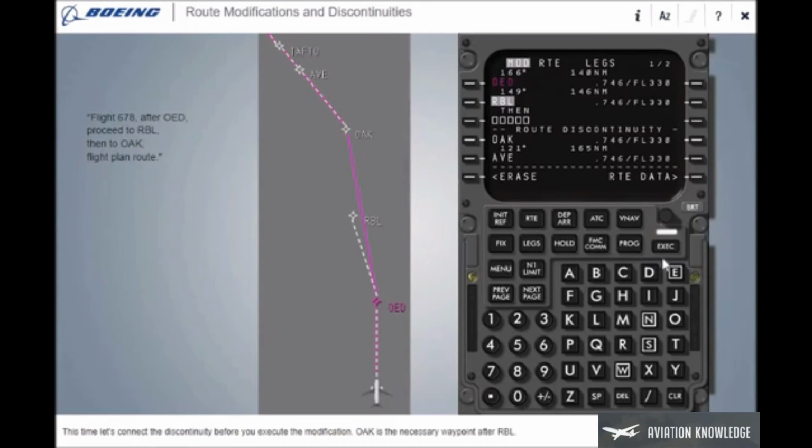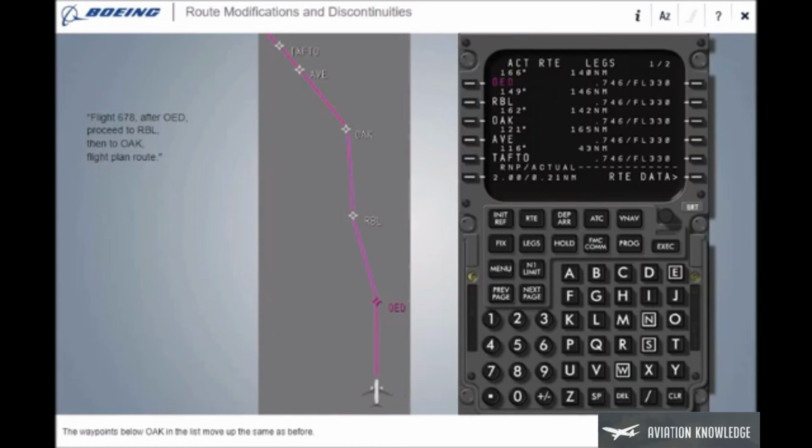This time, let's connect the discontinuity before you execute the modification. Oakland is the necessary waypoint after Red Bluff. The modified route is now the same as your clearance. Execute the modification. The waypoints below Oakland in the list move up the same as before.